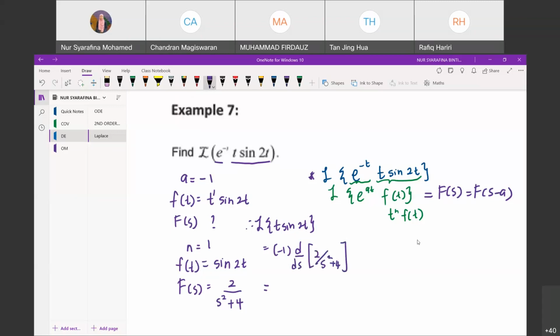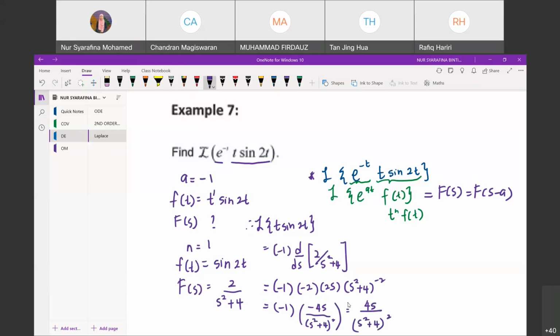This one gives minus 1 times minus 2 times 2s over s squared plus 4 squared, minus 4s over s squared plus 4 squared, so it becomes 4s over s squared plus 4 squared. So this is your transform of t sine 2t.